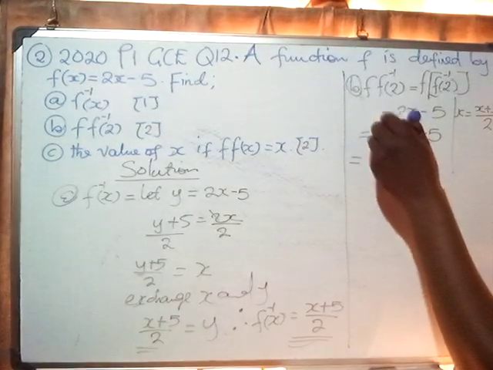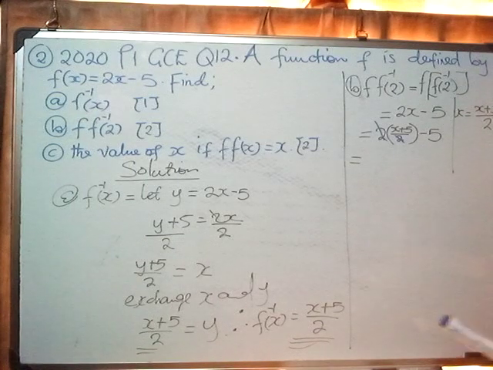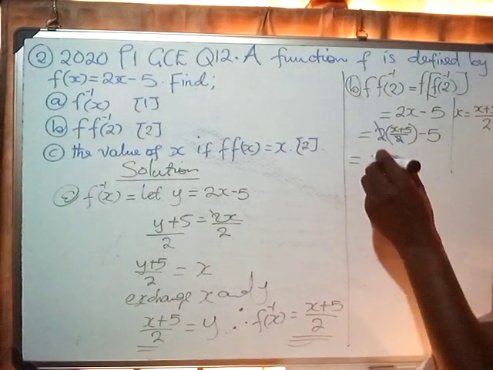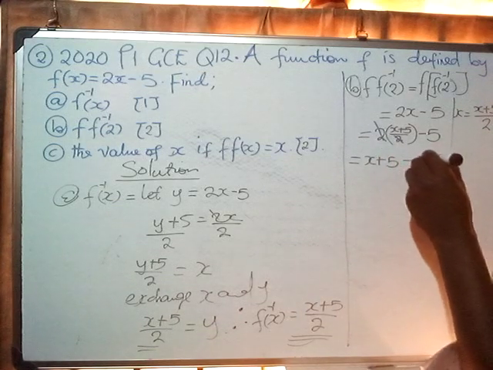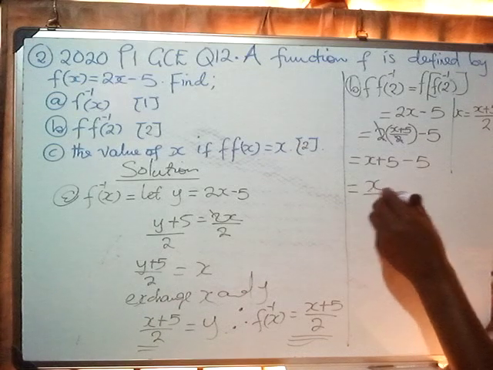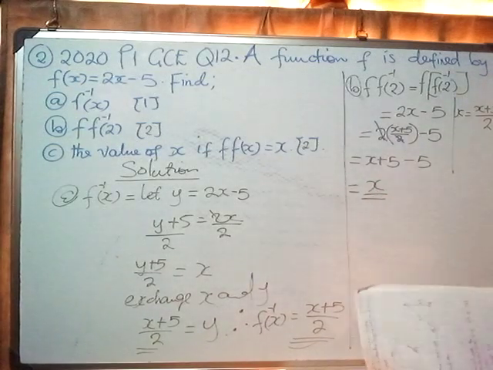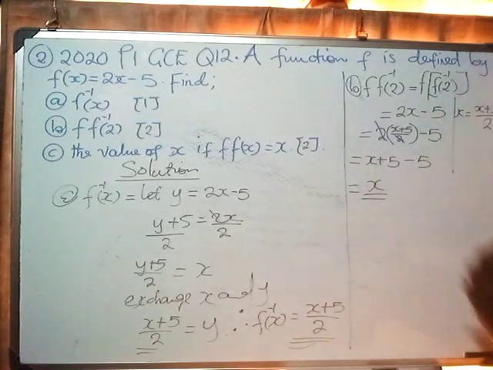Just say this 2 goes into this; it will divide. So we are going to remain with x plus 5, then minus 5. Therefore, our final answer will just be x. This is the answer we are getting for the value of f inverse 2.